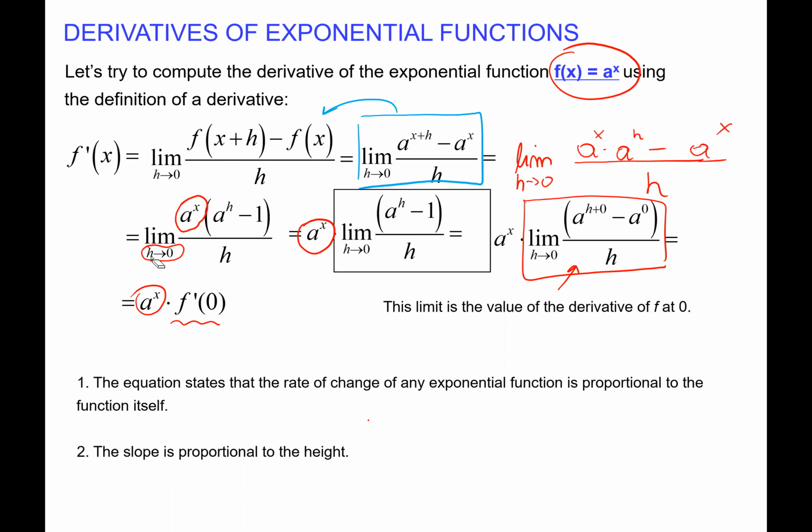The formula is still not finished, but so far we have this formula: the derivative of a to the x is a to the x times the derivative at 0, which we still don't know. We will compute this limit. It's an interesting situation. Okay, let's keep working.